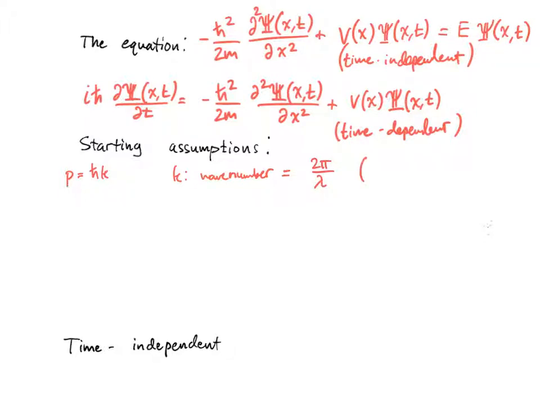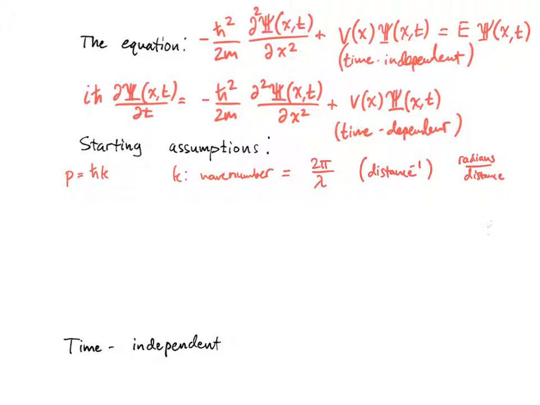So that means it's going to be in units of inverse distance. A way to think about it is not how many cycles per distance the wave goes through, but how many radians per distance the wave goes through.